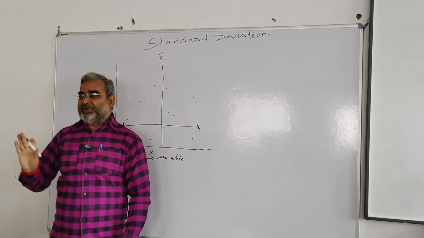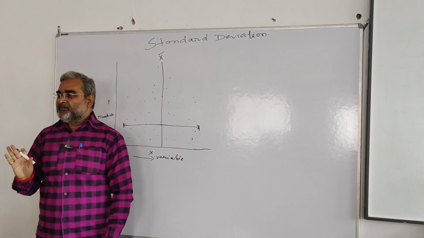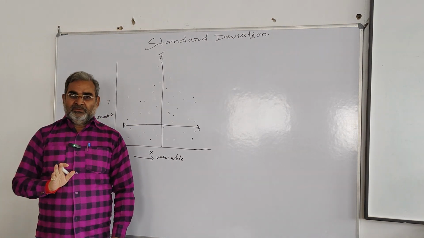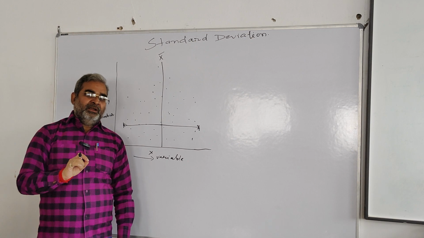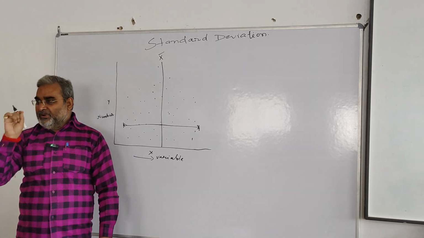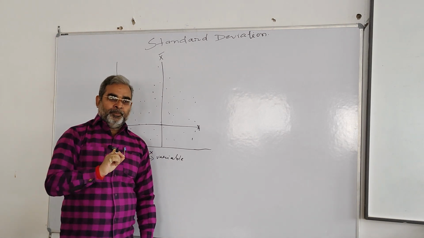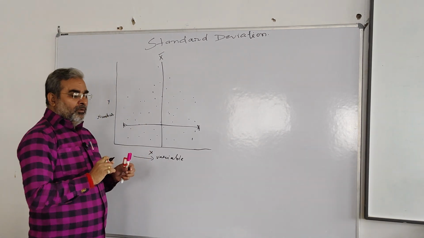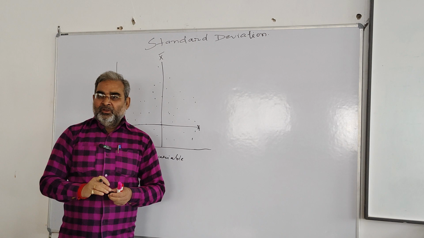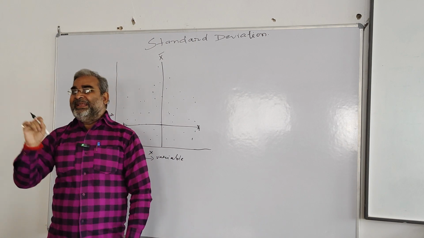It represents graphically. But we want a numerical value to represent in the thesis. Clear? Now, in the earlier time, we simply represent the range.